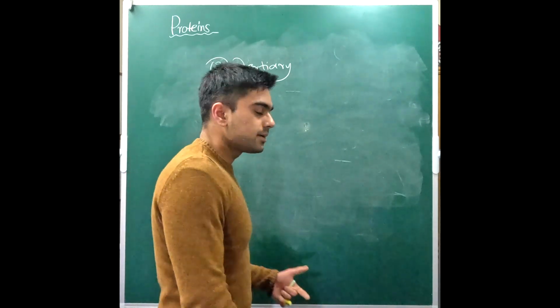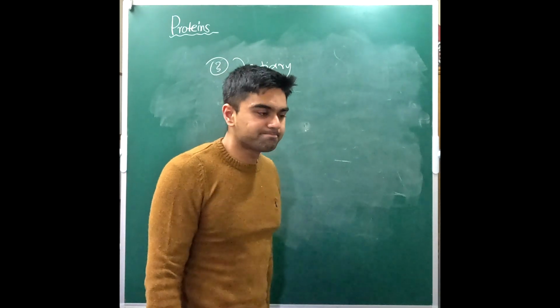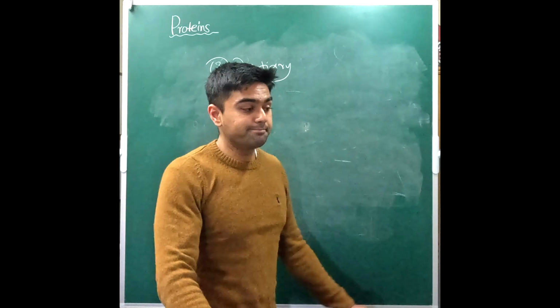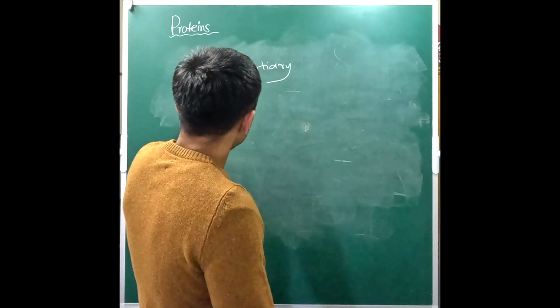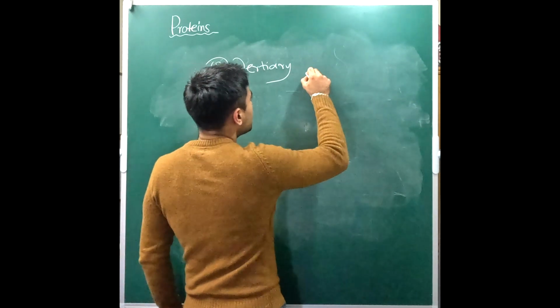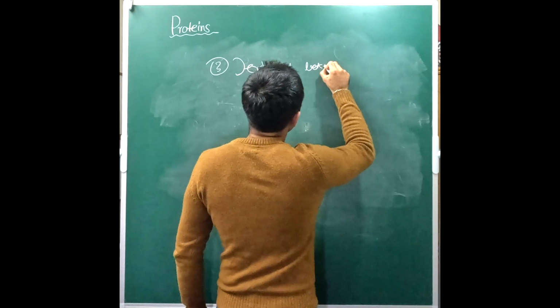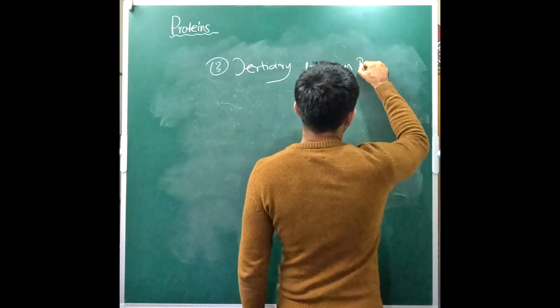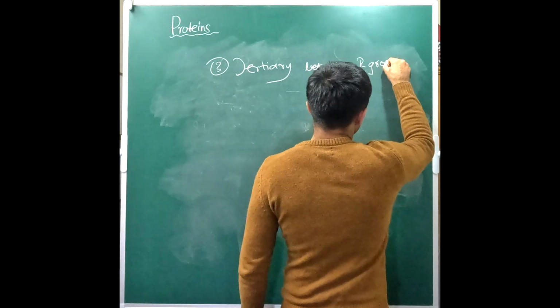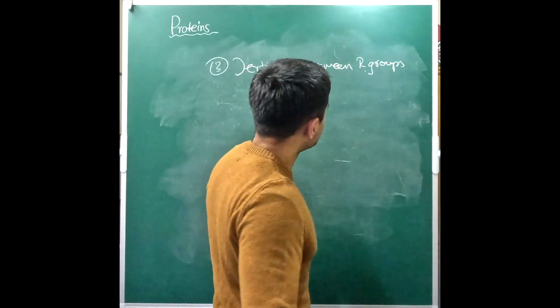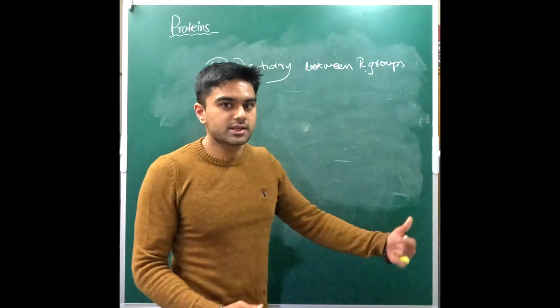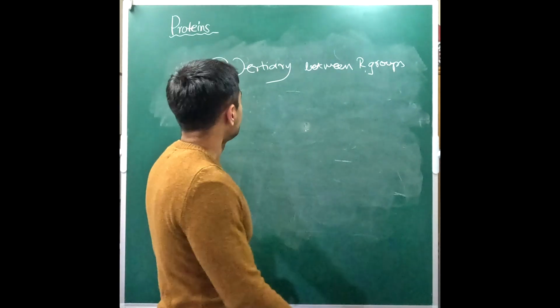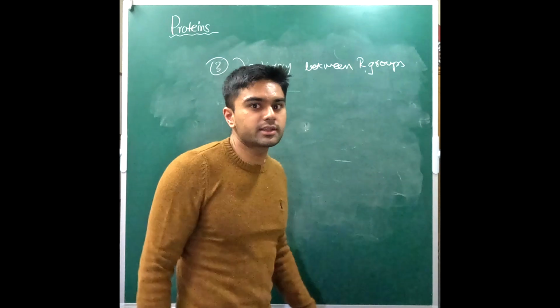Now, this is where things get a bit more interesting and fun, because you need to know a bit more. Again, tertiary structure is between our R groups. Don't be the silly one saying something else. Now, with tertiary structure, and you'll later realize quaternary, they've got a specific type of bonds.